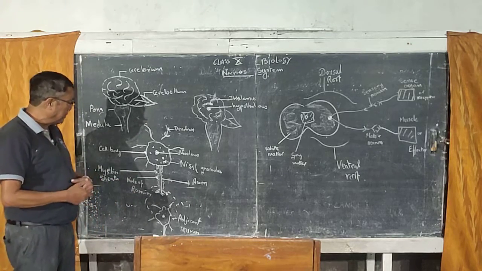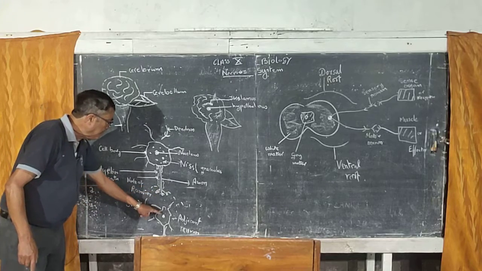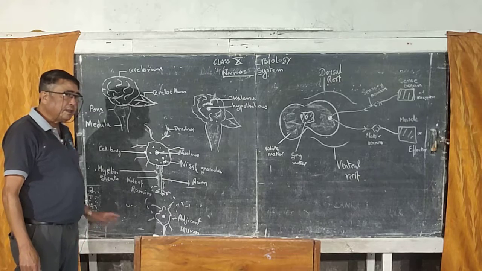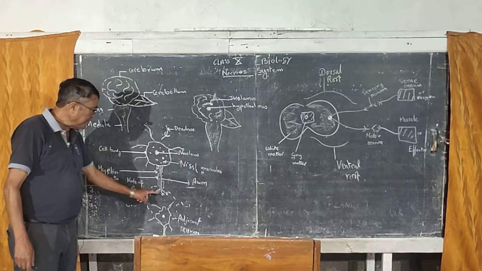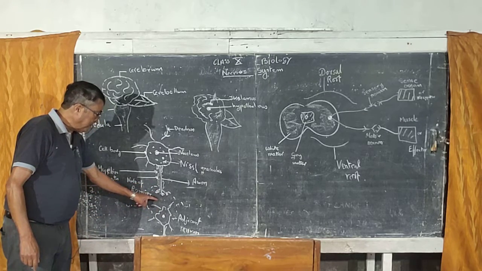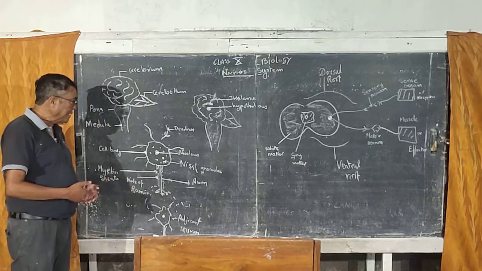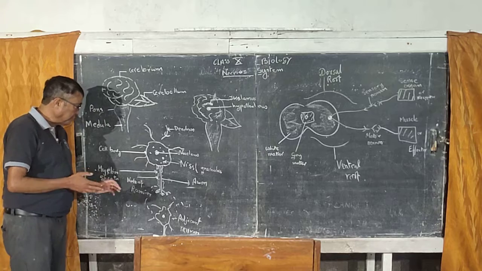Now this impulse travels at a very high speed of about 150 meters per second. But how does it travel? There is no continuity between the two neurons. Instead, there is a space called the synaptic cleft. How can an impulse pass through when there is no connection? Now see here.